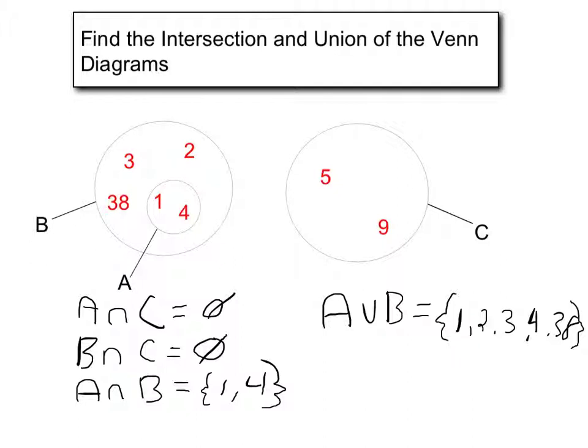Together, set A and set C have the numbers 1, 4, 5, and 9. This would be their union. Lastly, together set B and set C have the numbers 1, 2, 3, 4, 5, 9, 32, and 38. This would be their union.